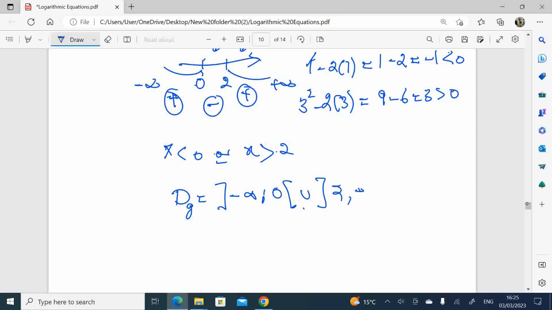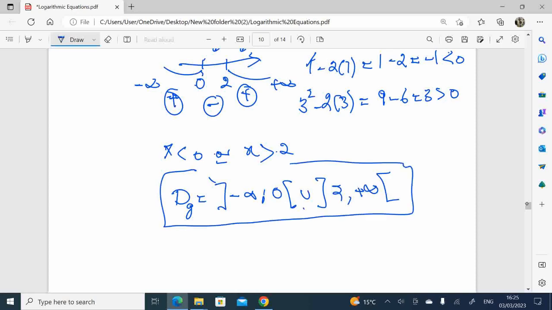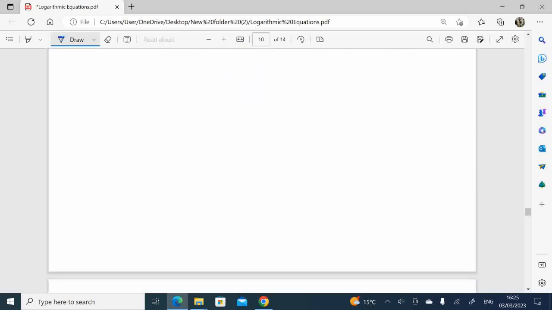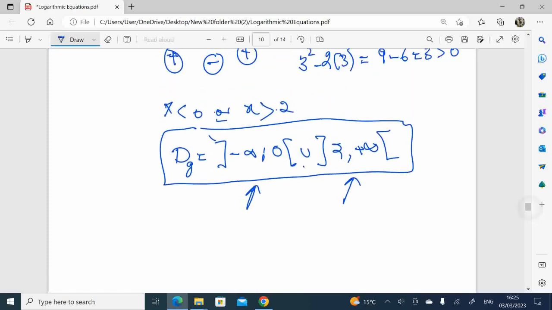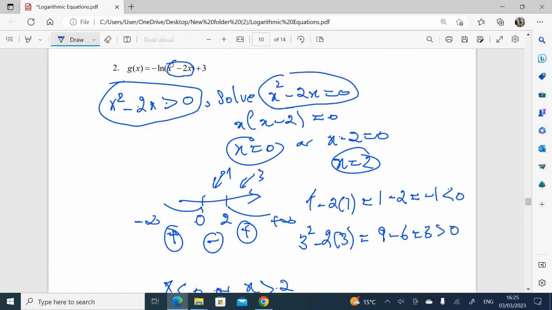So this is the domain for the function g. If I choose any value for x in this interval or in this interval and I substitute it in the function, g will be defined.